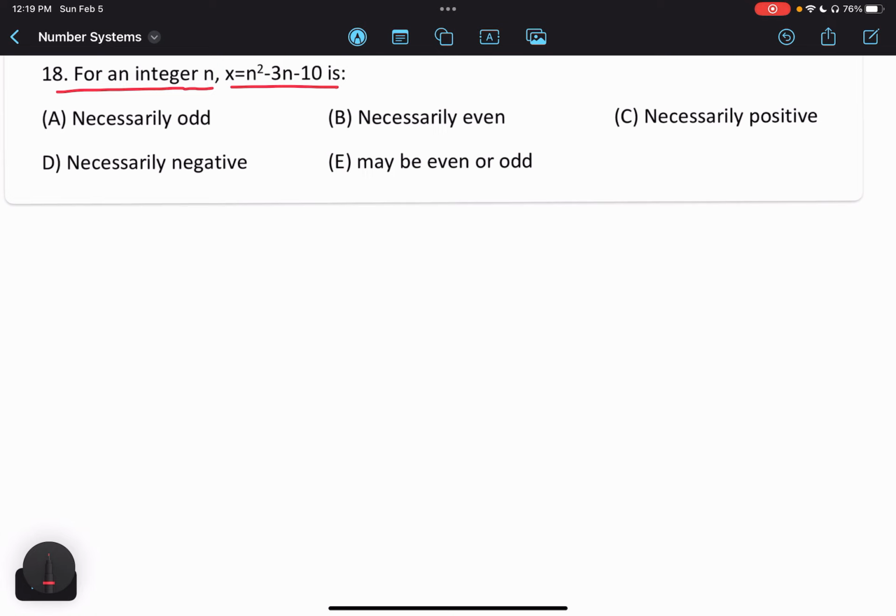So for this specific question, as n is said to be an integer, it can be any negative value or positive value as well. Along with that, it can be 0 as well. To determine this, let me go with 0 first.